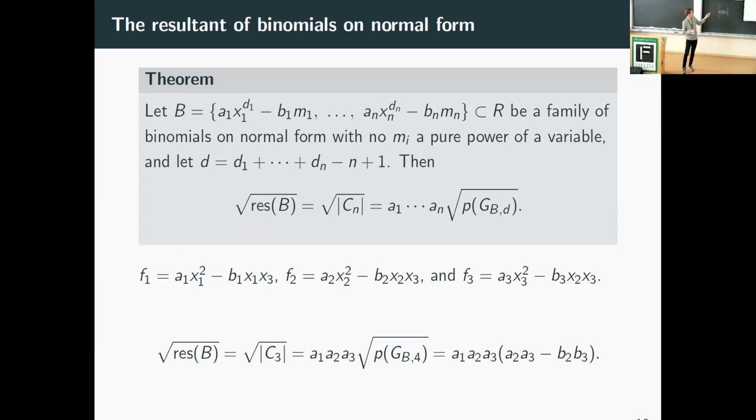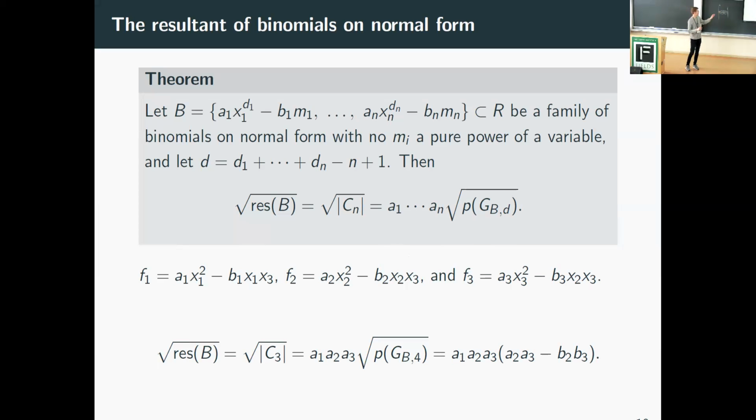I should say that in the case where we do not assume that all the mi's are not pure powers of a variable, we can still prove that the irreducible factors of the resultant and the irreducible factors of the a1 to an term and the cycle polynomial also coincide, with the small caveat that some of the ai's may no longer appear.